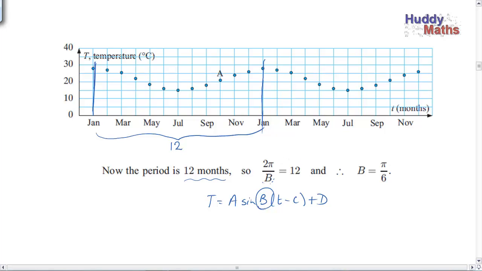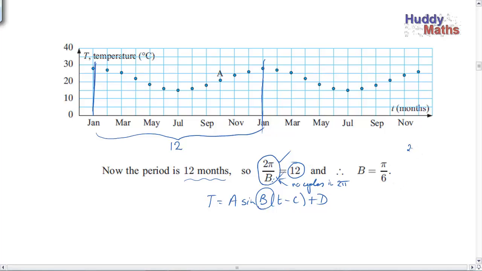If we've stretched it, it'll be 2 pi over b, where b is the number of cycles in 2 pi, because we have stretched it in the x direction. So how long would it be for one cycle? 2 pi divided by b. And we know that one cycle from the graph is 12 months in duration. That's the period. So let's rearrange this now.